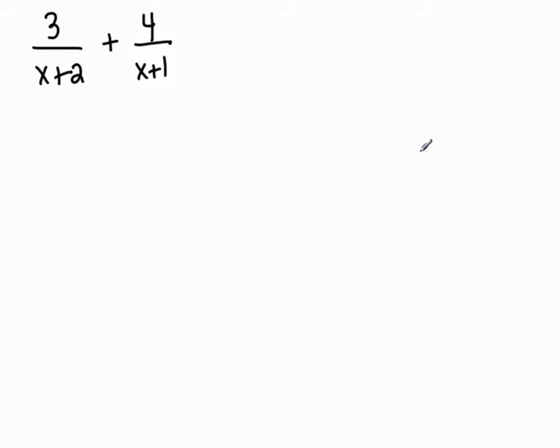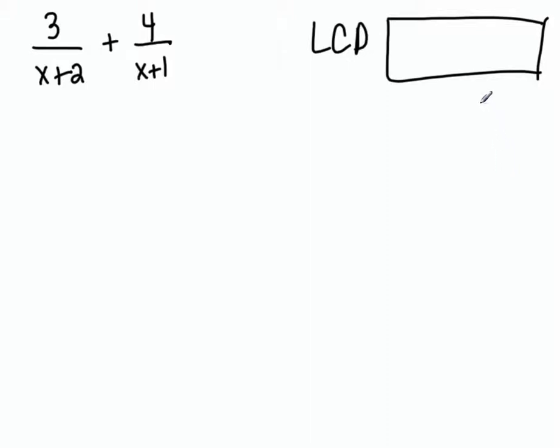Now, are my bottoms the same? No. Tell me what my LCD is. x plus 2 times x plus 1. Yep. Why? Because you've got to multiply to get the bottoms the same.